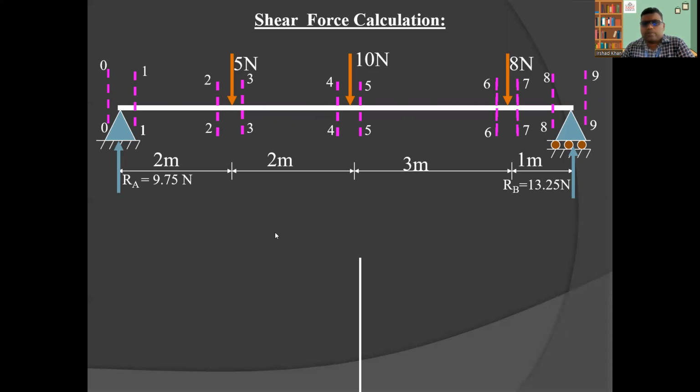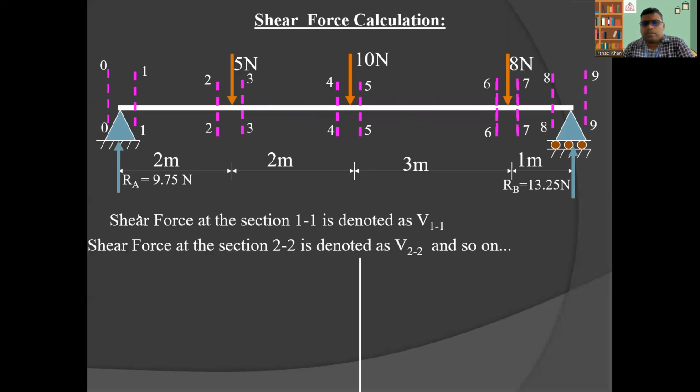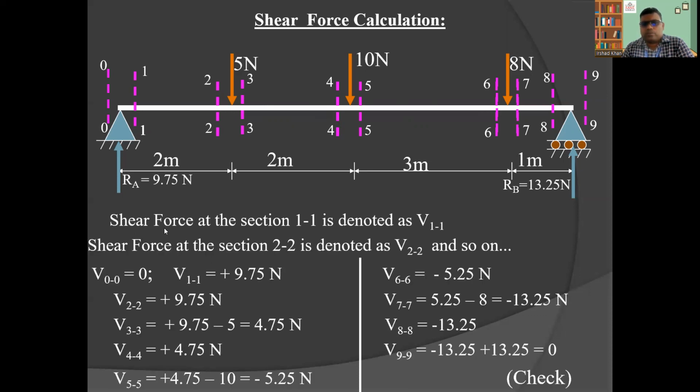So it is very simple now to calculate the shear force at 1-1. Here we represent the shear force by the symbol V. V 0-0 means the shear force at 0-0, and because 0-0 is outside the beam, the shear force is 0.